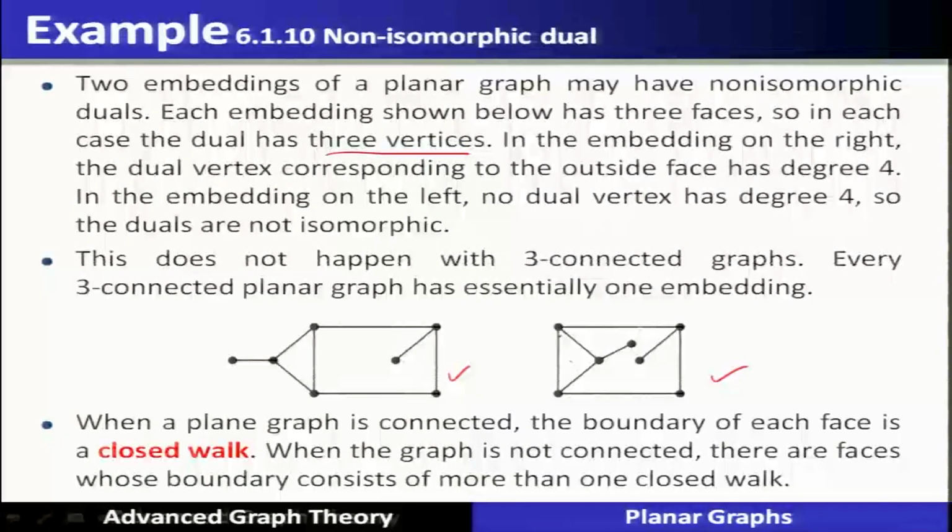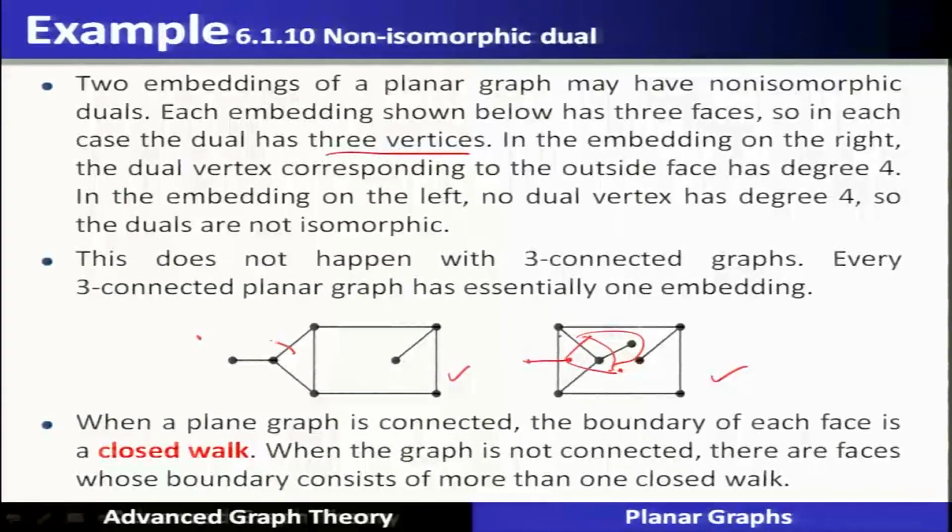Why? Because this is one region, 1, 2, so we will see that it has degree 4, but as far as this one is concerned, this will not have degree 4.